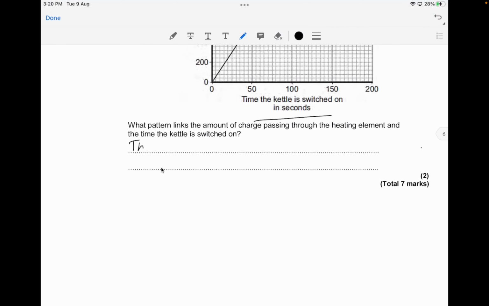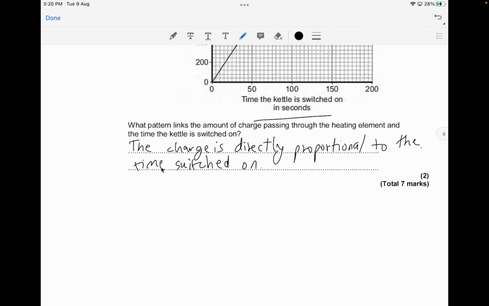So what I'm going to say is that the charge is directly proportional to the time switched on. I'm going to write those keywords down, right?